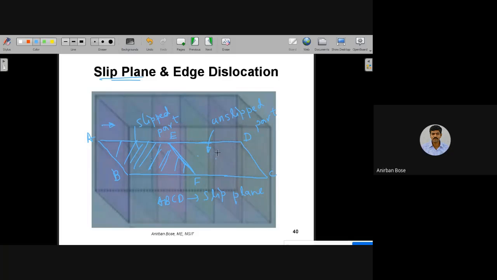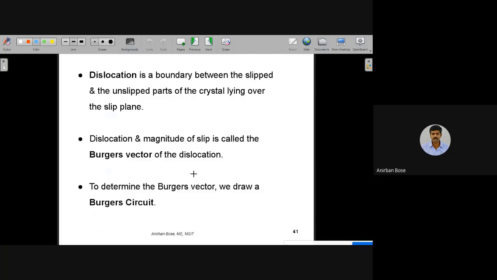So that is the unslipped part, this is the slipped part, and this is the junction. Okay, these are the terminologies, very very important, and you have to remember. Next, a few important points. Dislocation is a boundary between the slipped and unslipped parts of the crystal lying over the plane. We have already discussed this point.